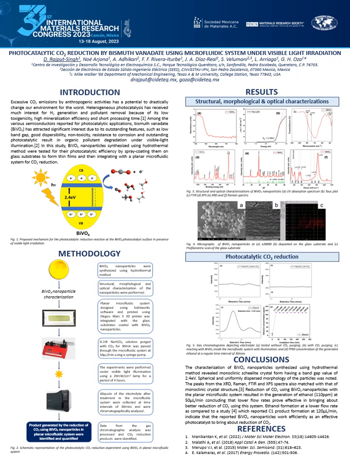So we conclude that for this design and for this microfluidic system, lower flow rates are much more efficient than higher flow rates. And finally, the bismuth vanadate nanoparticles were proven to be an effective photocatalyst to bring about efficient carbon dioxide reduction in microfluidic systems.